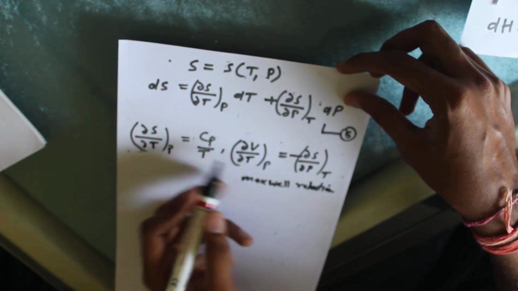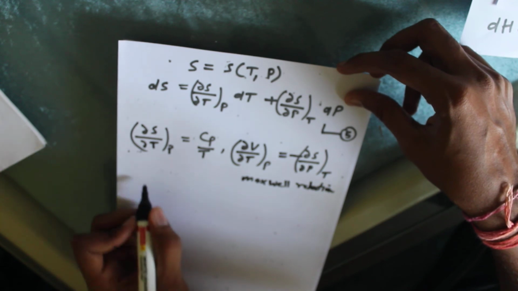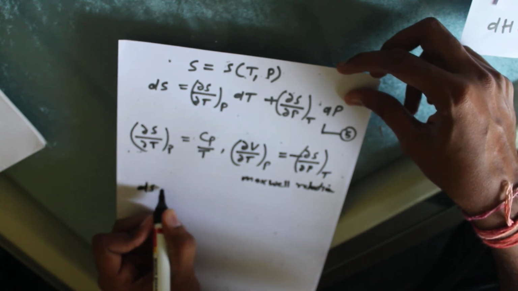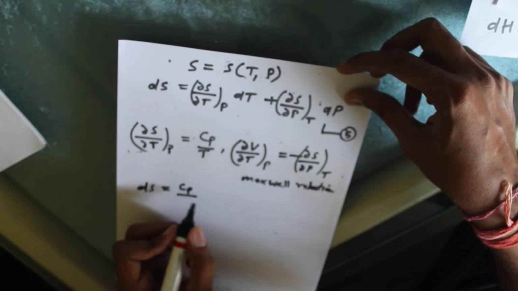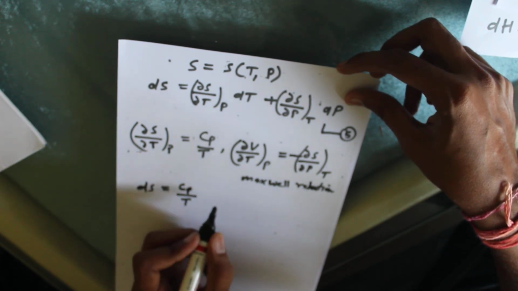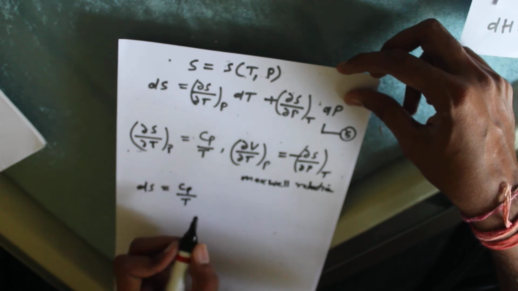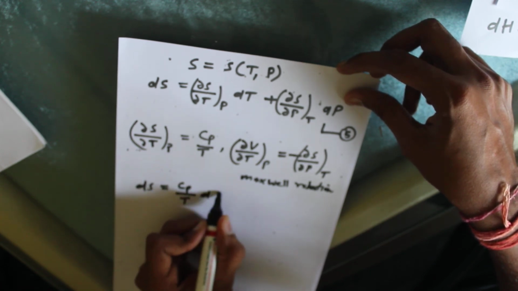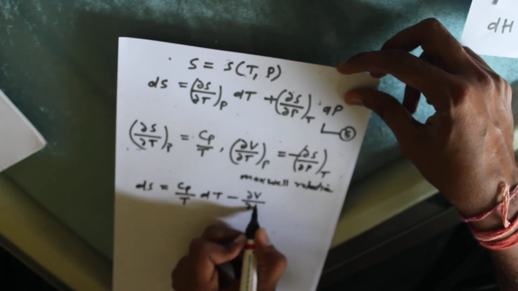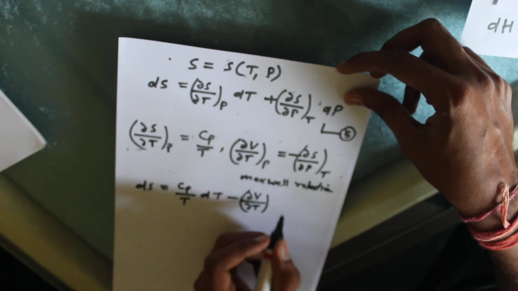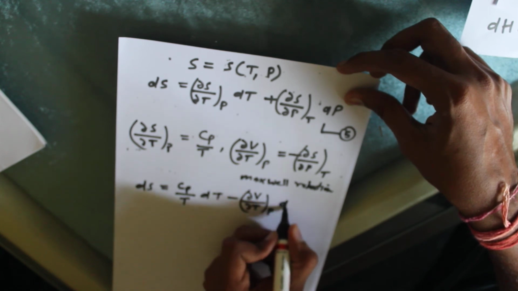So put these values in equation 5, then finally the change in entropy will be equal to Cp by T dT minus del V by del T at constant pressure dP.